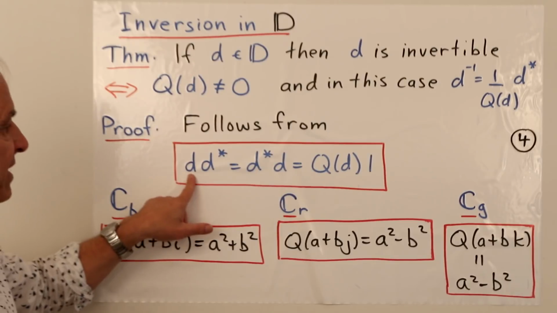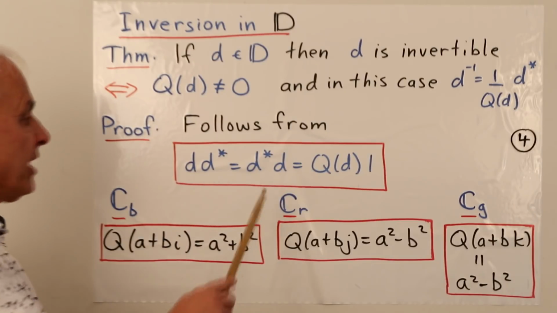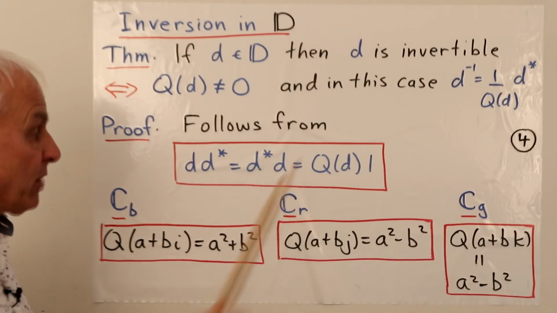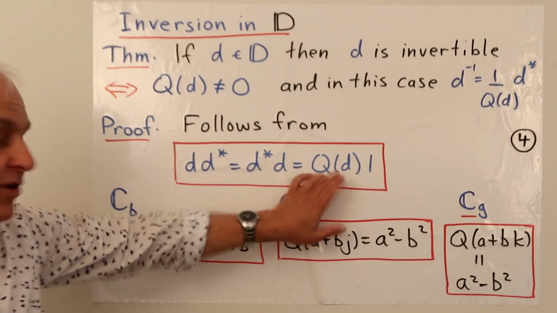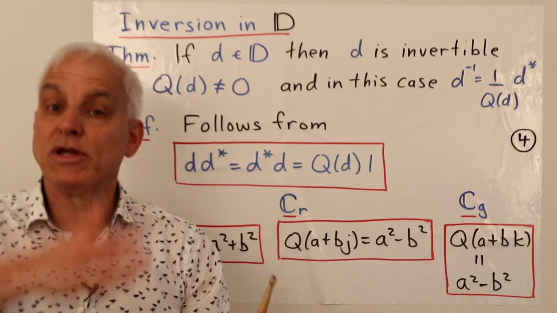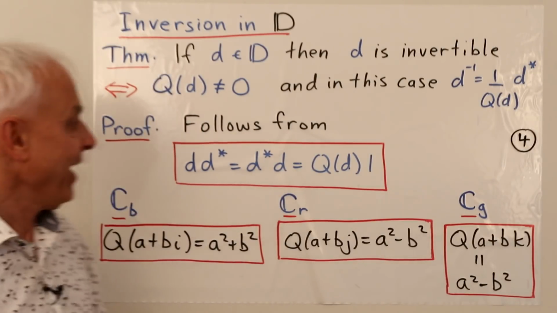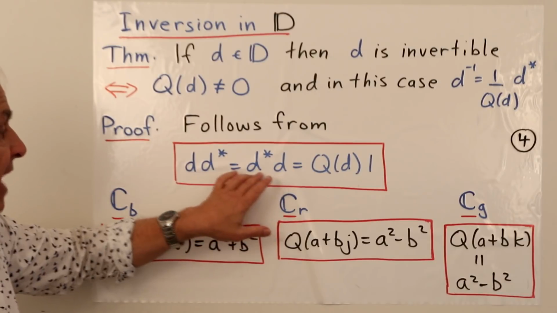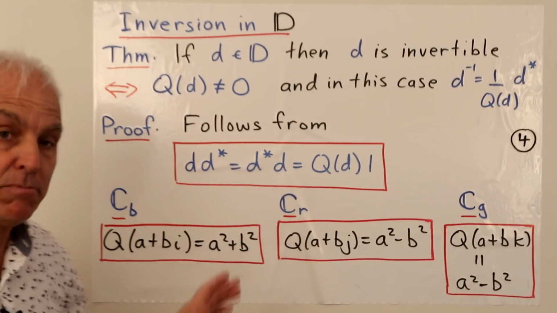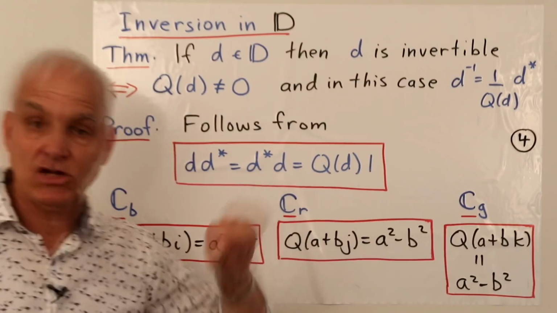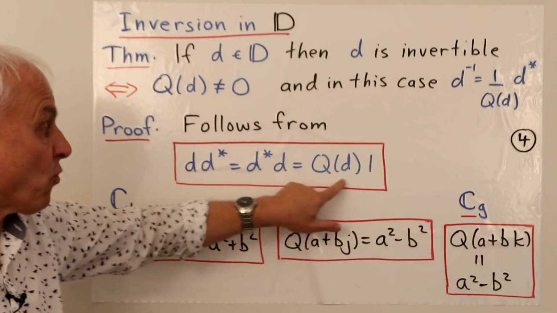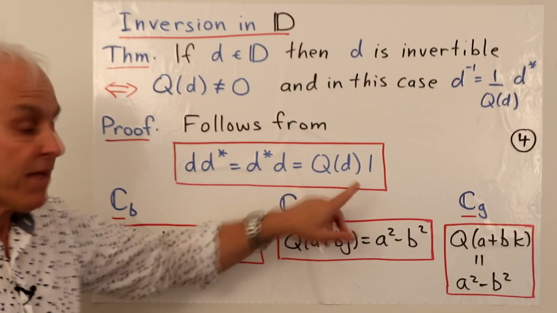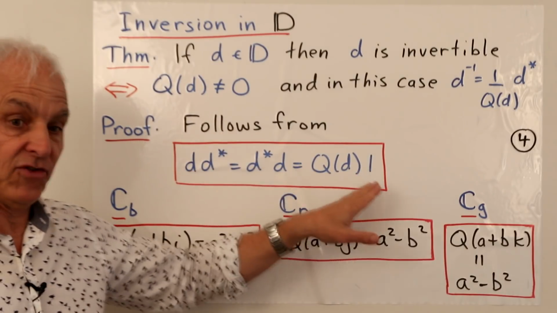So it follows from the fact that D times D star equals D star D equals the quadrants of D times 1. So if this quadrant is non-zero, then you can divide by it, and then you have an element that you can multiply D by to get the identity matrix. Right? And conversely, if this quadrant is 0, that means that D times D star is the 0 matrix.